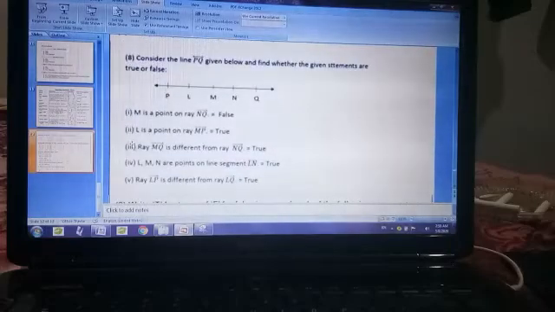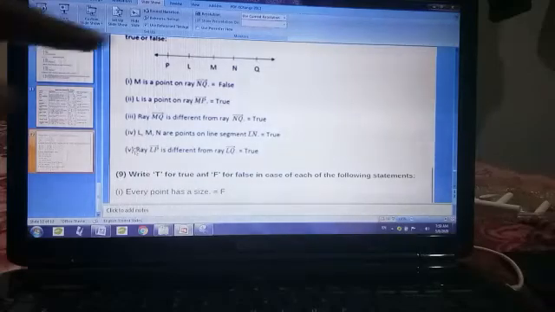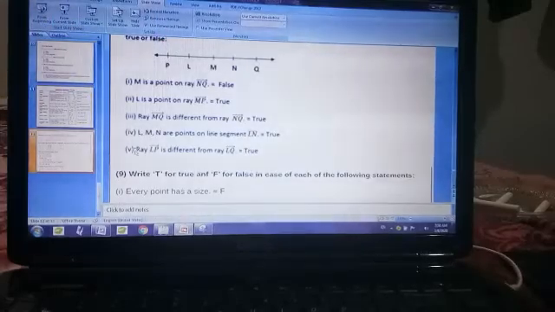Now question number 8, consider the line PQ given below and find whether the given statements are true or false. M is a point on ray NQ. In a ray, the first letter shows where it starts and the second letter shows the direction it goes.